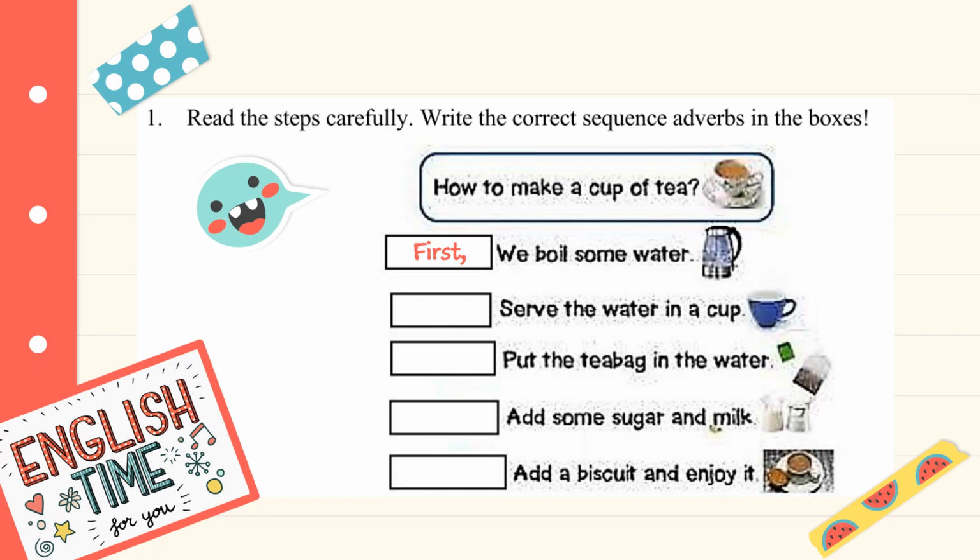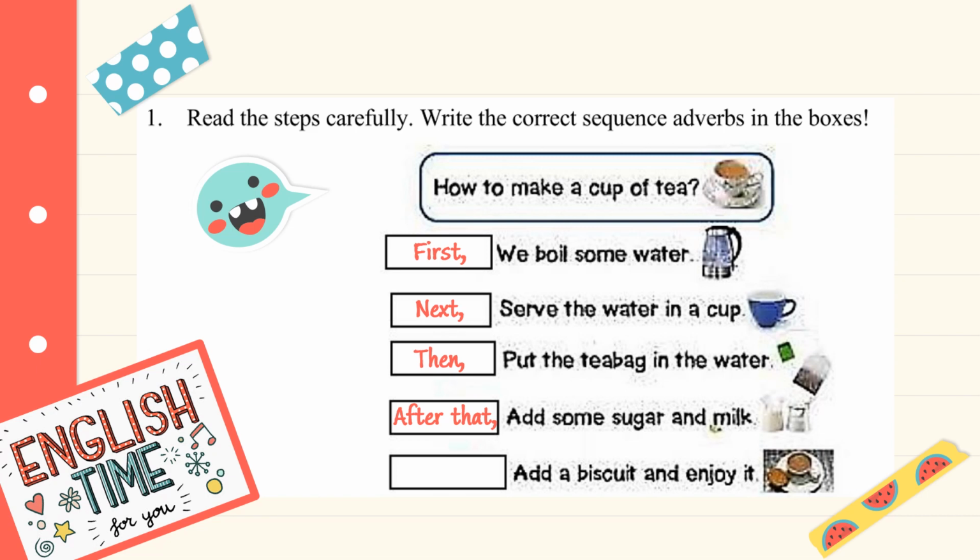Now, the second step, the third step, the fifth step. What's your answer for those? Next, then, after that. Good. Can you use after that for the second step? Yes. Can you use then for the second step? Yes. Next, then, after that can be used from the second step until the step before the last step.